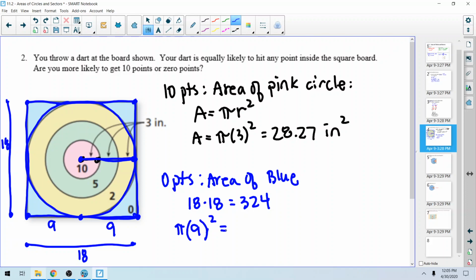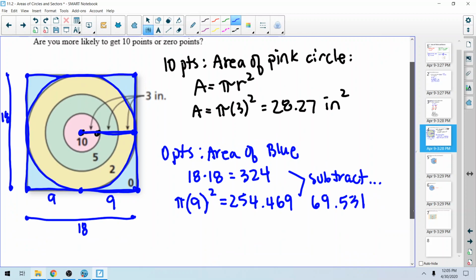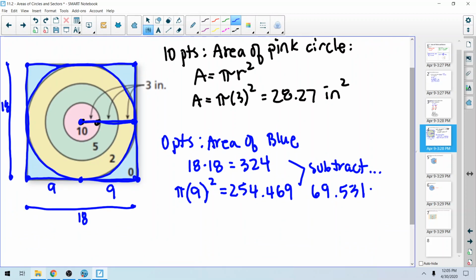So pi times 9 squared is 254.469. So if I want just the area of the blue, I'm going to take these and subtract. So 324 minus 254.469 gives me 69.531. Now, at this point in time, you have enough information to answer the question, but you technically have not done a geometric probability yet.